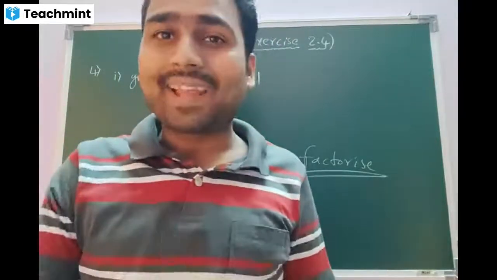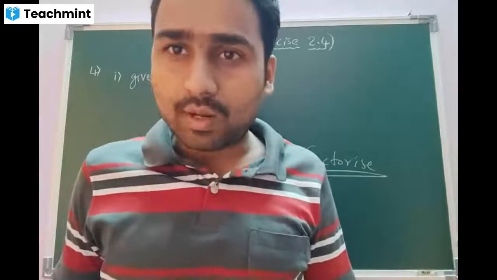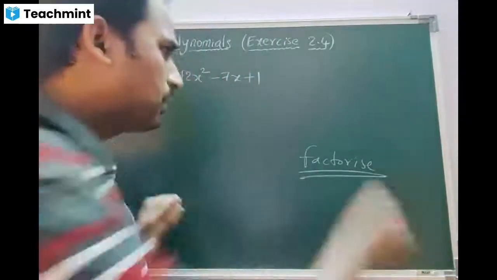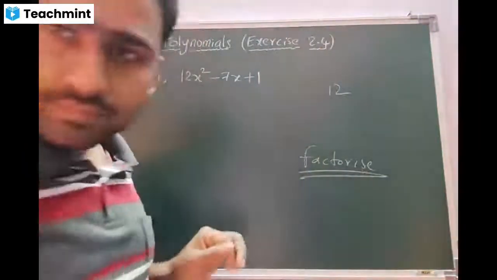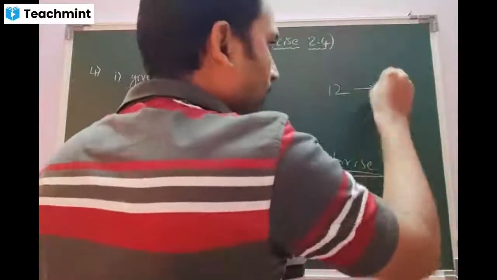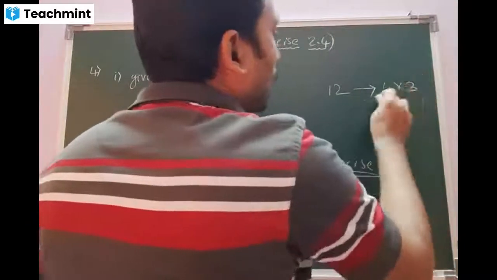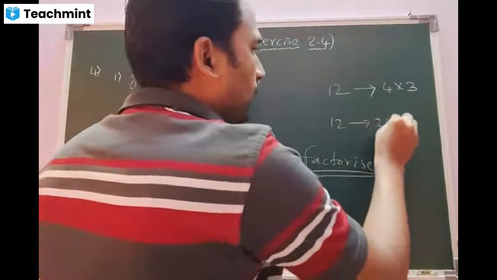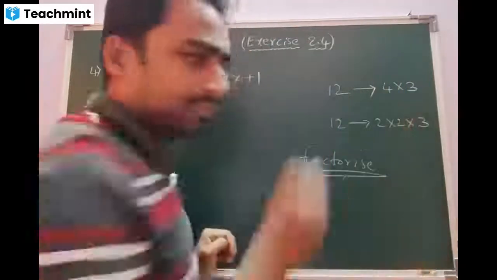Okay, beta, let me explain. Factorization means what? Beta, first I'll take a number to make you understand. Simple. Let me take a number 12. This 12 can be written as 4 into 3. 4 threes are 12. It can also be written as 2 into 2 into 3.